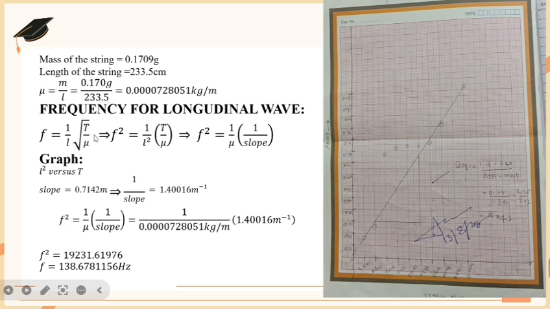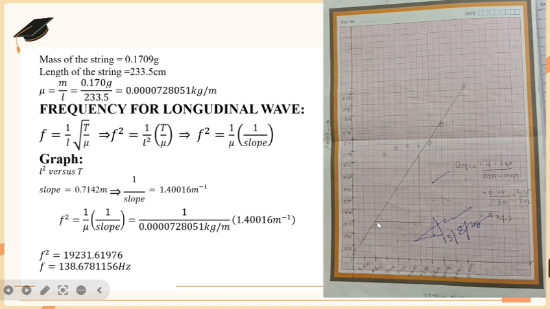Similarly, we will calculate the frequency for the longitudinal wave, that is f equal to 1 by L into root over T by mu. If we further simplify this equation, we will get f square equal to 1 by 4 into 1 by slope. Here the graph is L square versus T. As we have seen for the transverse wave also, x-axis as tension and y-axis as length square.